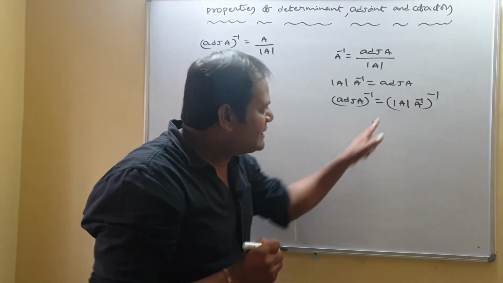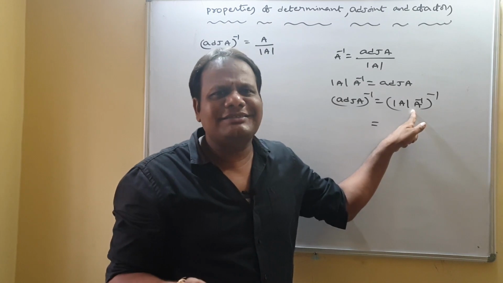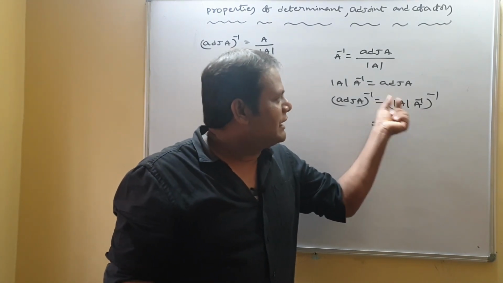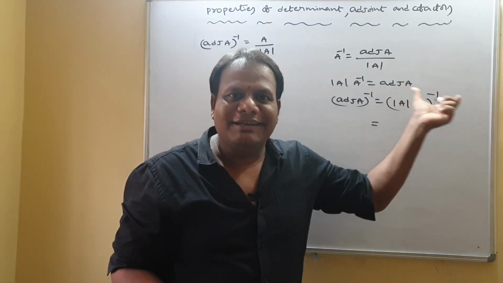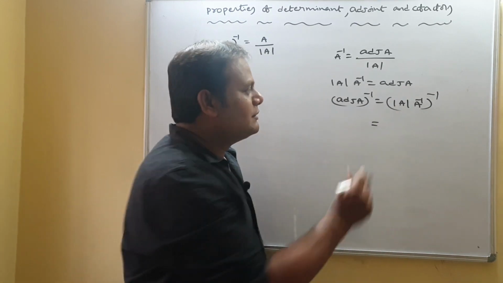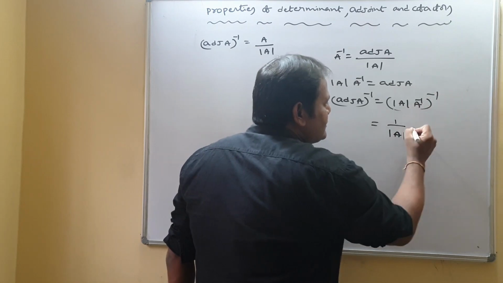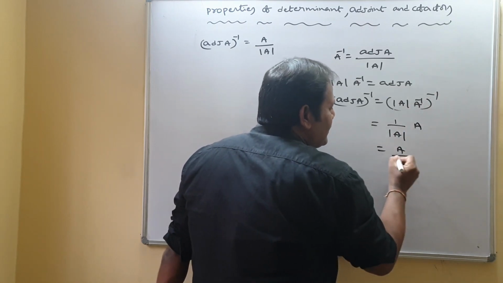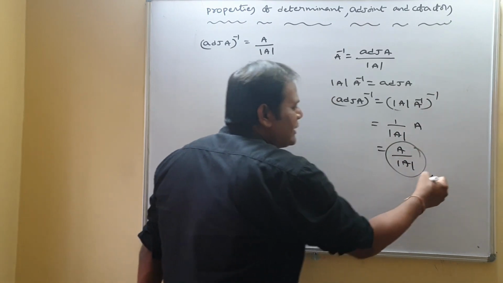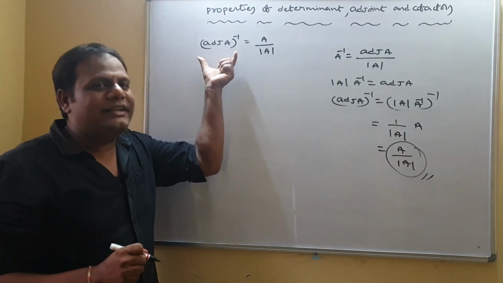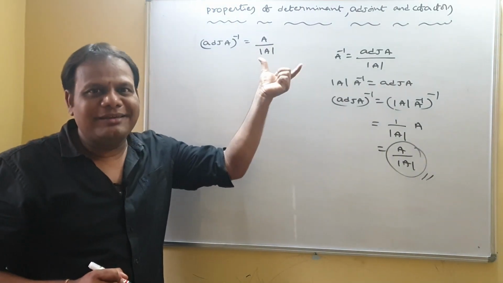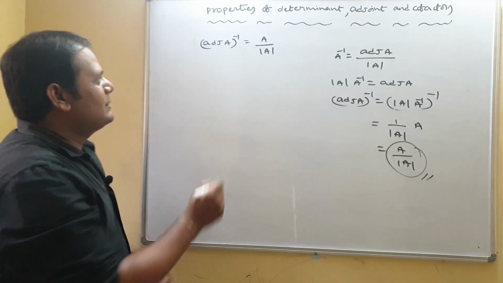Is det A a number? Yes, and the inverse of a number is its reciprocal. So det A whole inverse becomes 1 by det A, and A inverse whole inverse is A. So what we got is A by det A. Students, don't get confused: adjoint A whole inverse is A by det A.